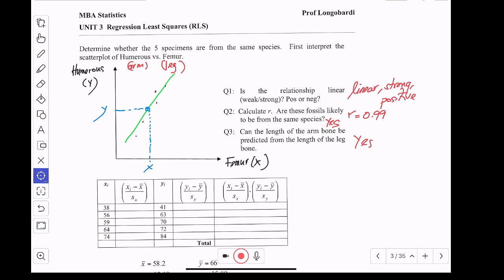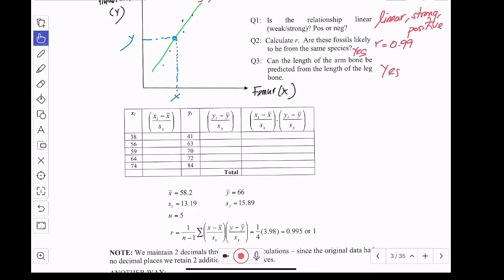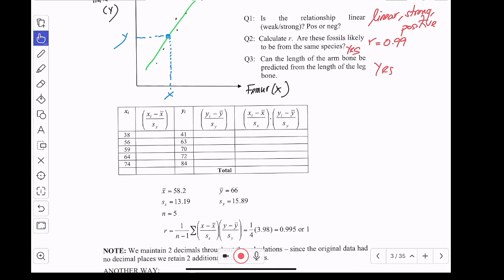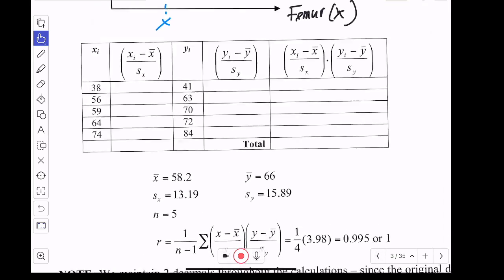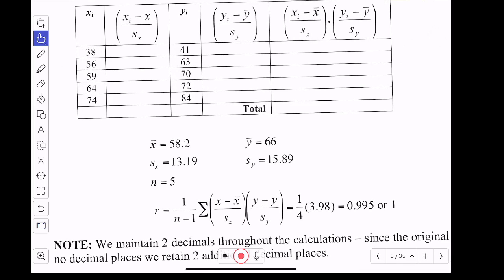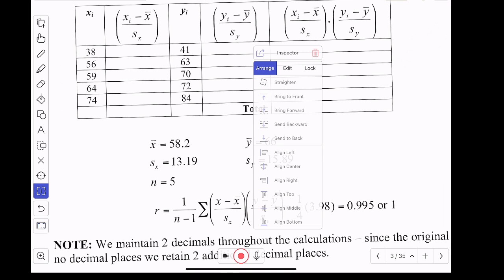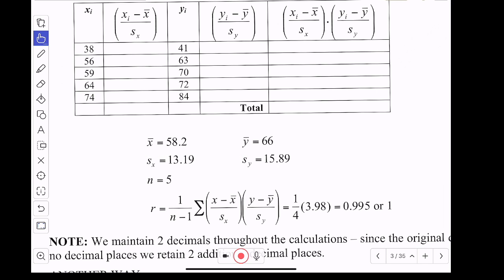All right, so let's do the calculations manually for once, so I can illustrate what the R does yet again. So here's the data, here's the table, and you recognize these numbers. This is the mean of X and its standard deviation.